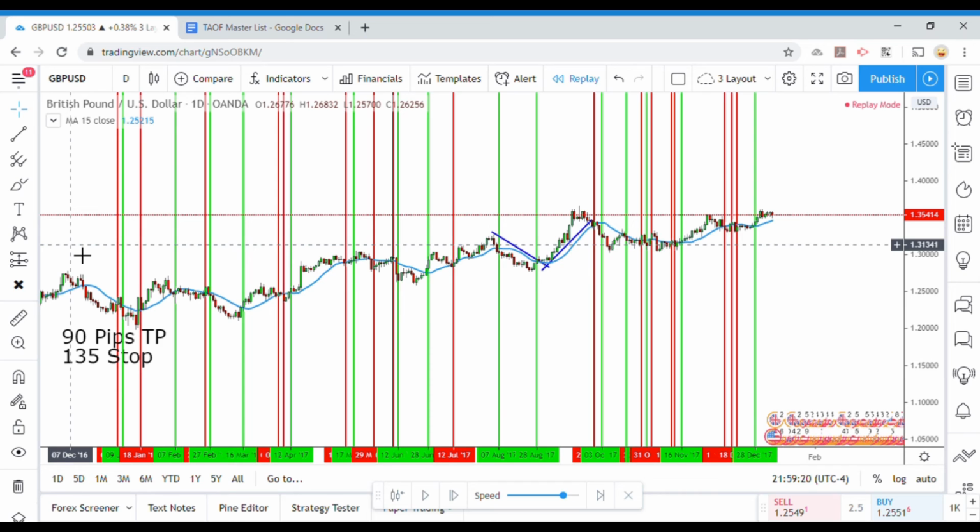Just in my opinion, I've never found a good way of making it work. I have found better ways, I guess I should say, that filter out chop and do other things. So, all right, like I said, I'm going to throw it over to you guys.